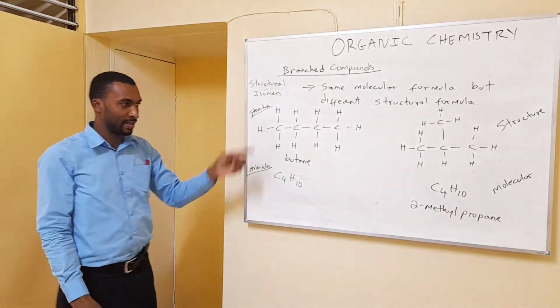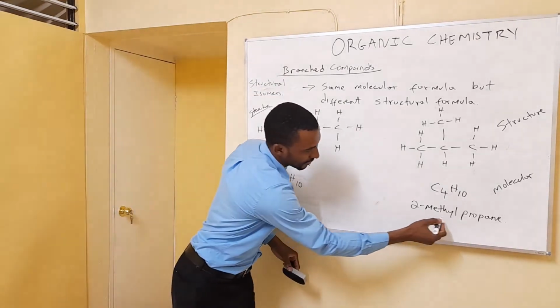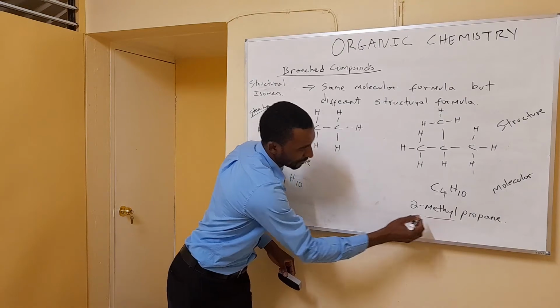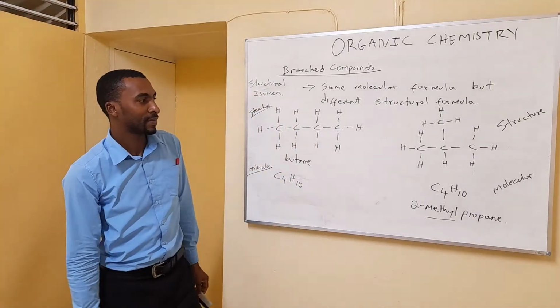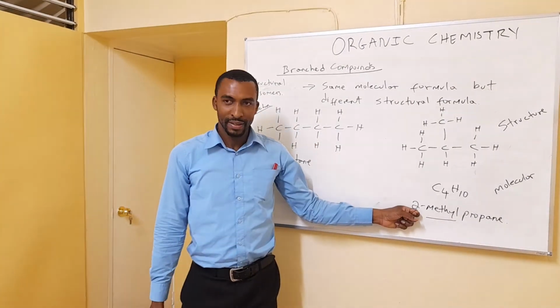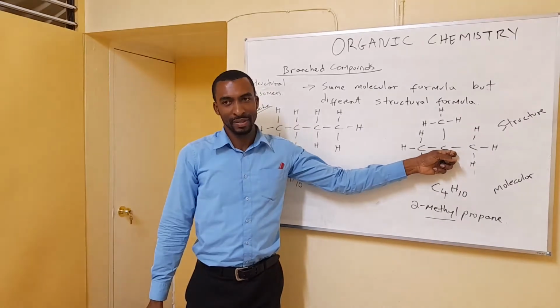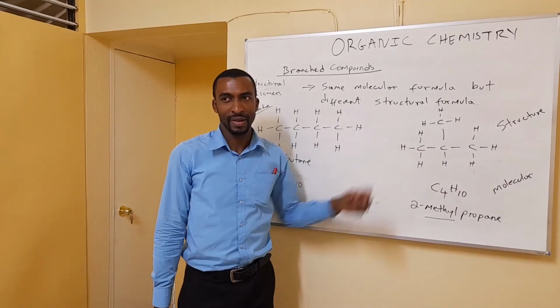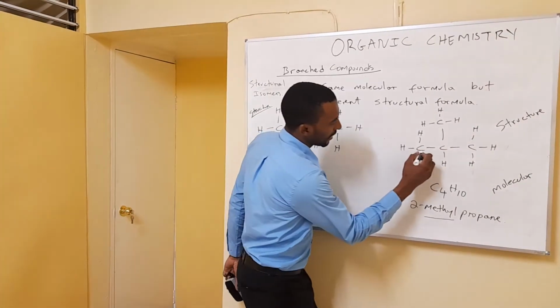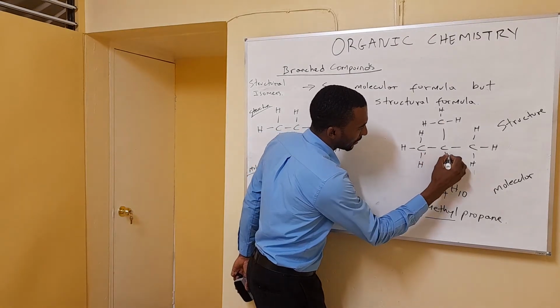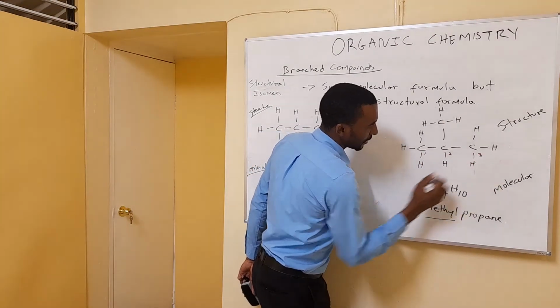Alright, take this and then use the term. Because this is now a new term that you would not be so familiar with. Alright? So the 2 here is representing the carbon atom on which it is. So we will label this as carbon 1, 2, 3.